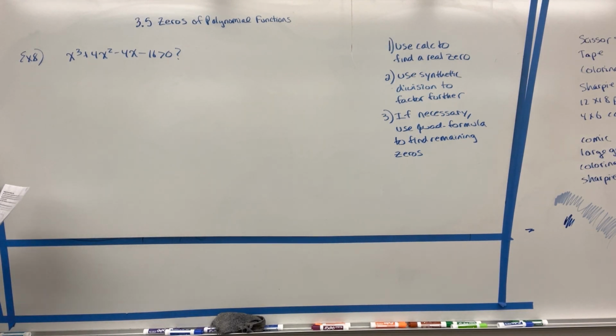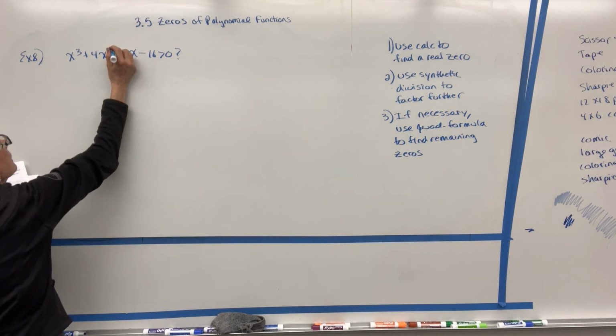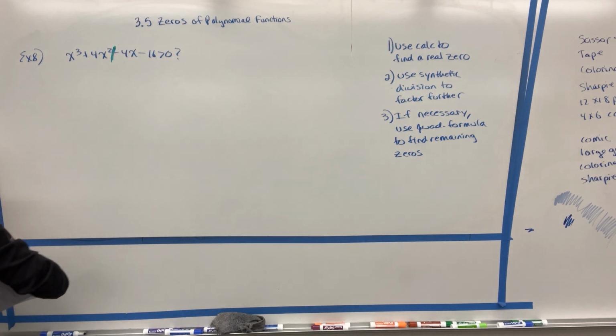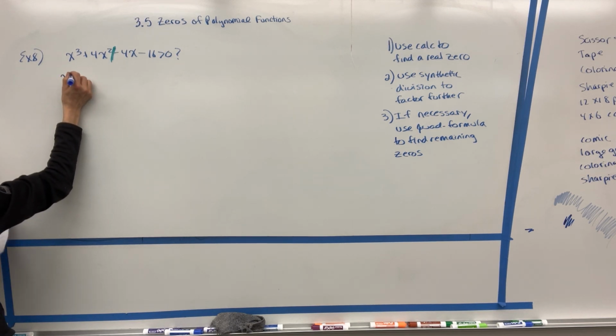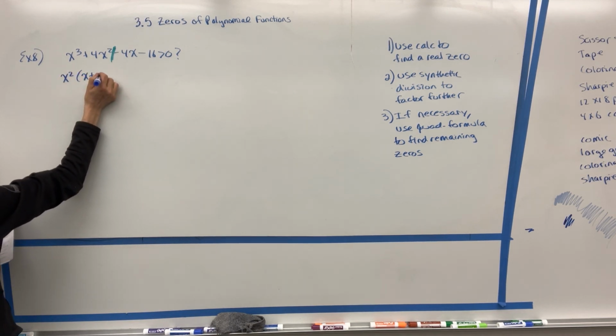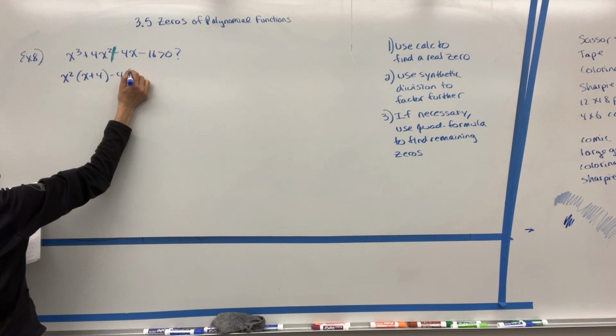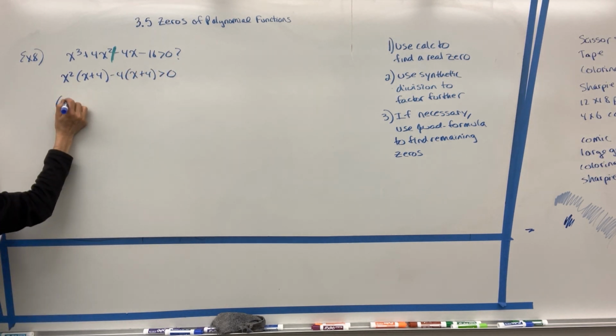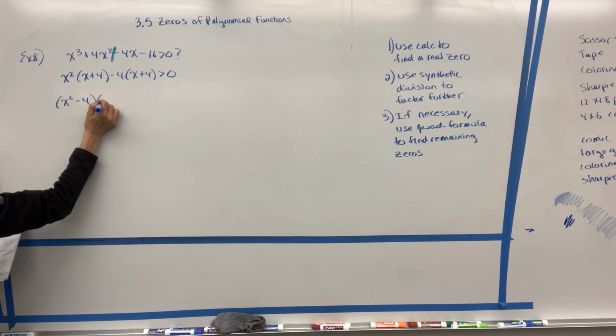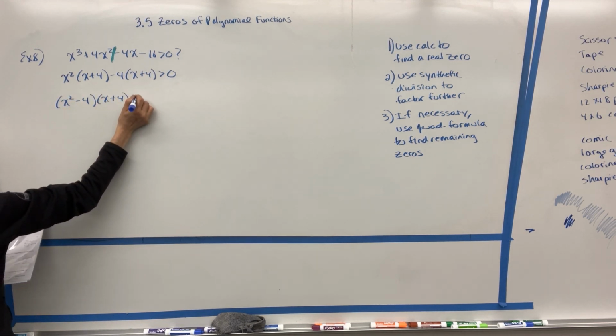This one actually is fairly easy to factor if I just want to use factoring by grouping. So I'm going to do x squared times x plus 4 minus 4 times x plus 4. This becomes x squared minus 4 times x plus 4.